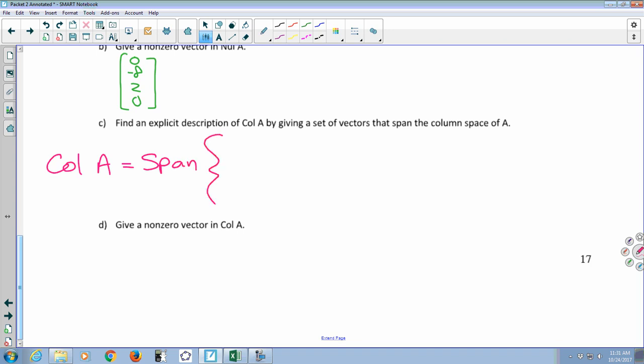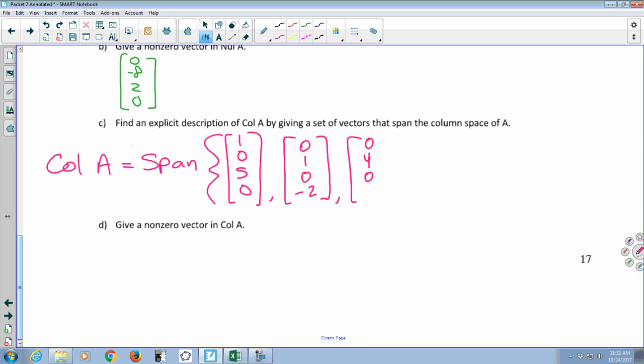So A, its columns are 1, 0, 5, 0, 0, 1, 0, -2, 0, 4, 0, -8, and 0, 3, 1, -6.